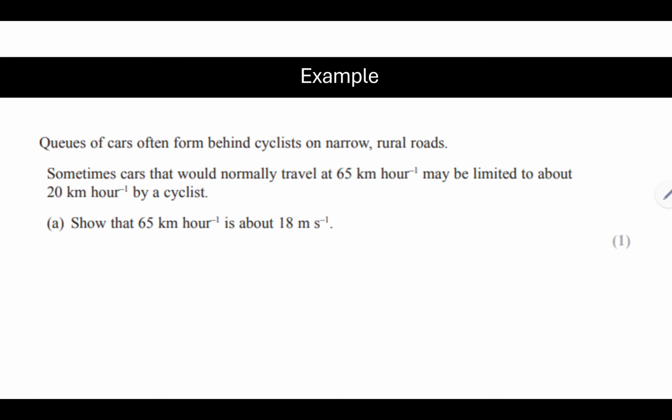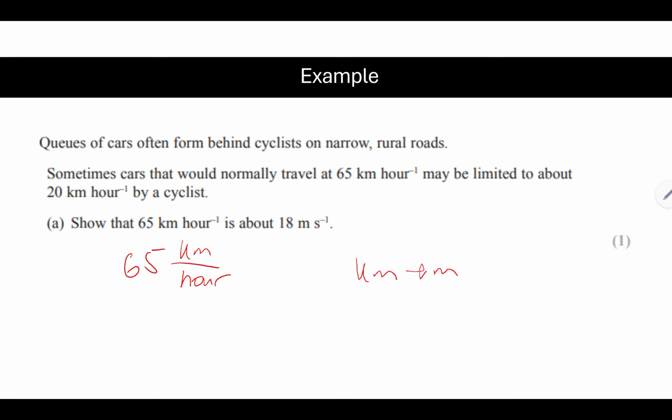The next question is, show that 65 kilometers per hour is about 18 meters per second. So we have 65 kilometers per hour. So we first deal with the numerator. So kilometers to meters. How do we go from kilometers to meters?